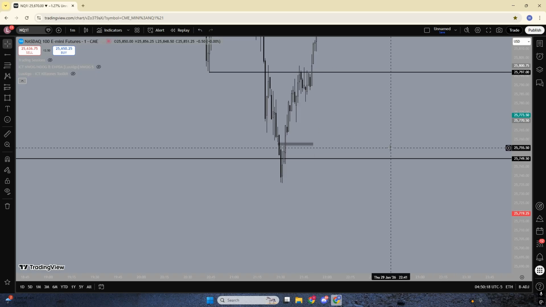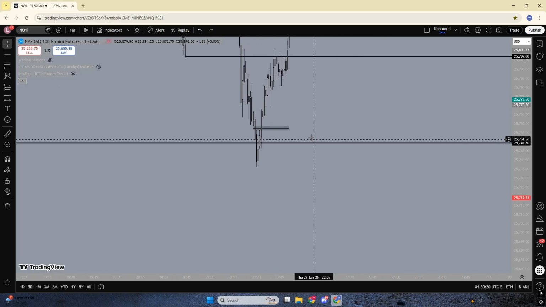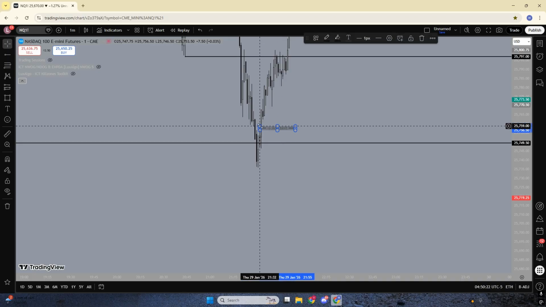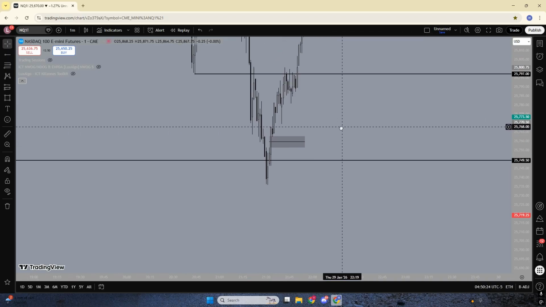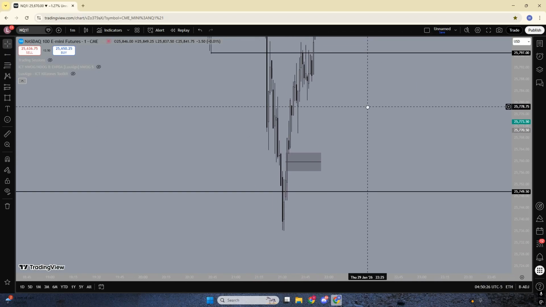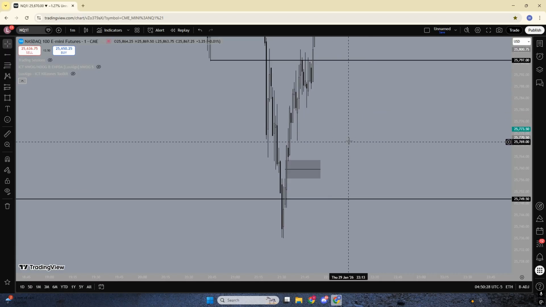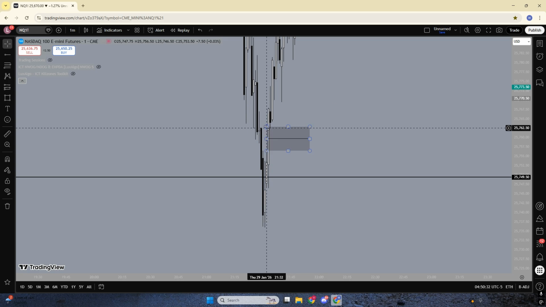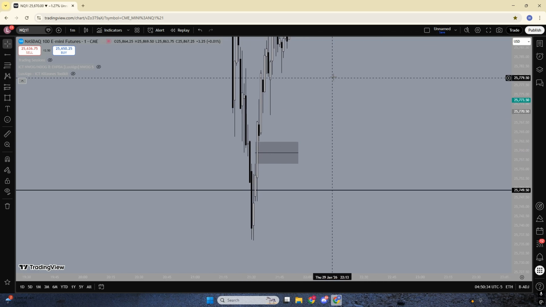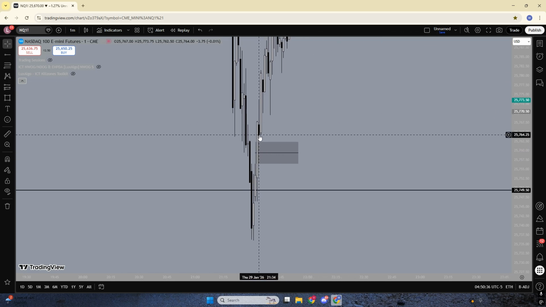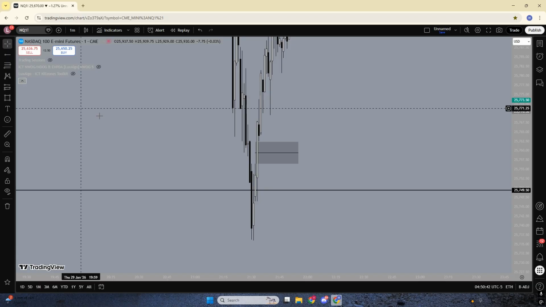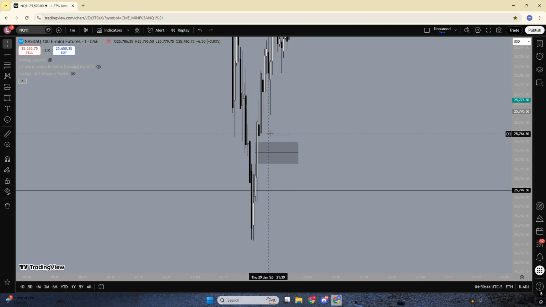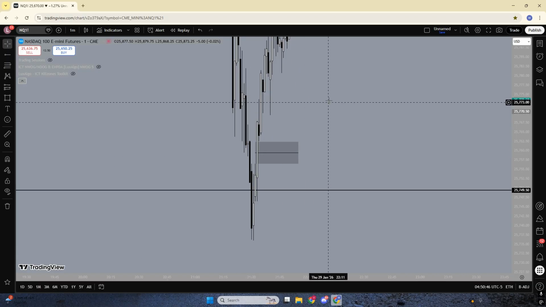This one didn't get a retrace. Fair value gaps can go either three ways, right? It can either just run without retracing at all, or it can fully tap into it, like fully fill this fair value gap and then go back up.